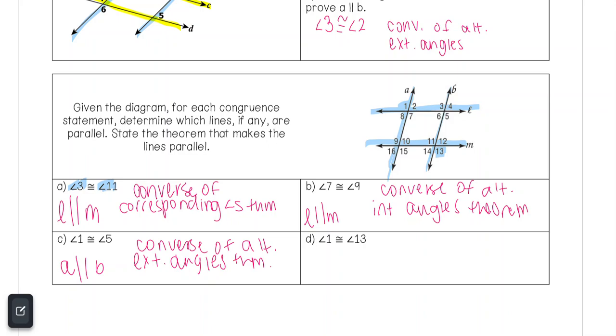Regardless, we are not able to state anything is parallel here because these two angles unfortunately do not have a direct relationship. So if we were given that information, with what we know right now, we would not have enough information to prove that those two lines are parallel.